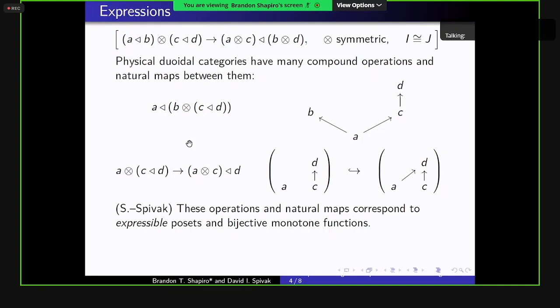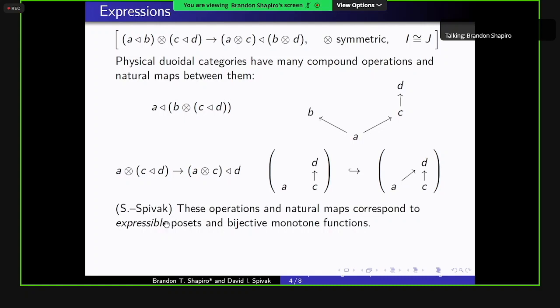And especially when inserting these identities, these shared identities, gives you less rigid maps than in an ordinary duoidal category. It is really nice to have this sort of visual aid.